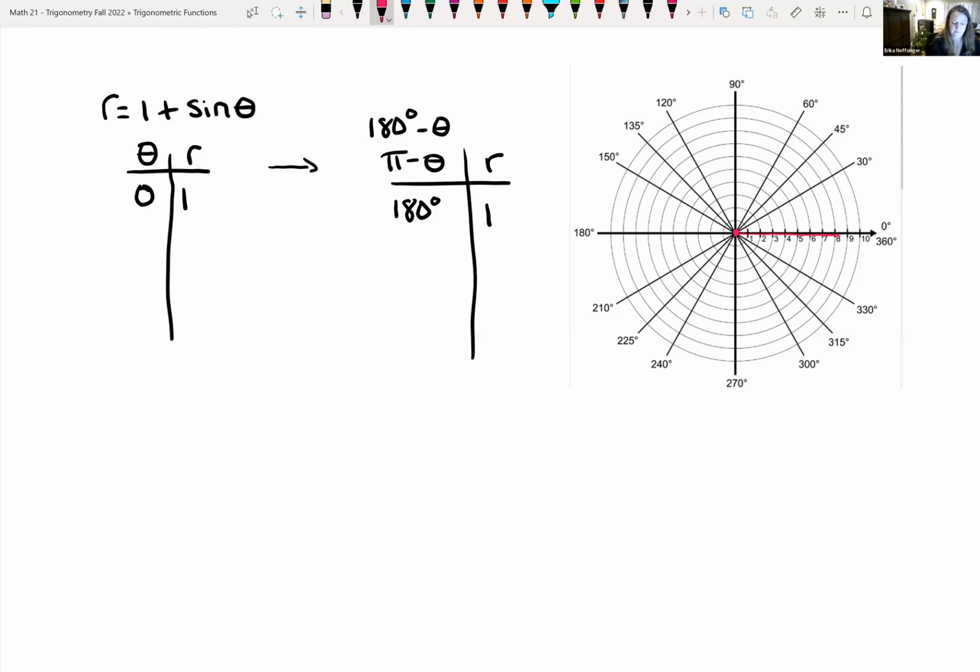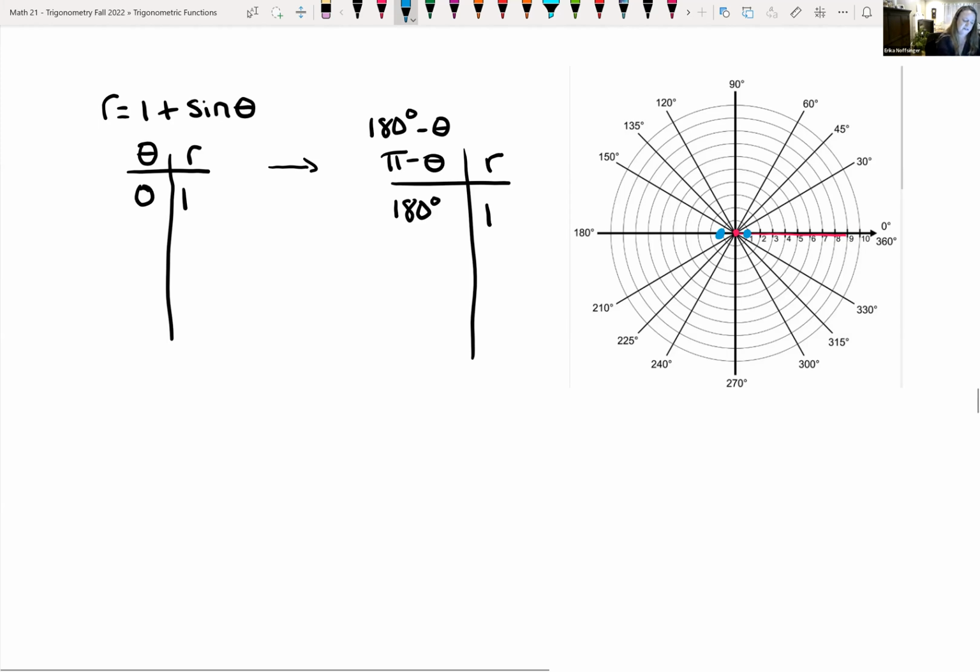I'm staying on the pole, and I have a point at 1. If I go 180 degrees, I also have a point at 1.